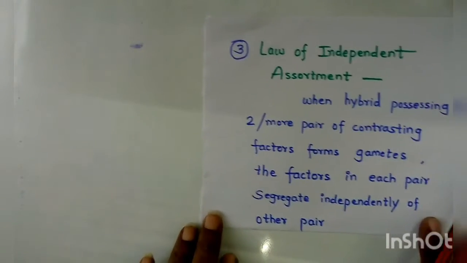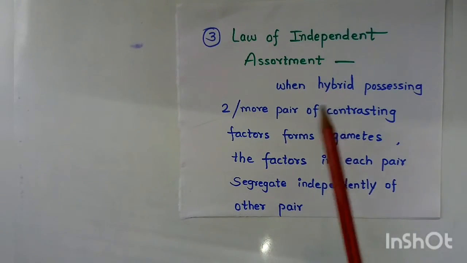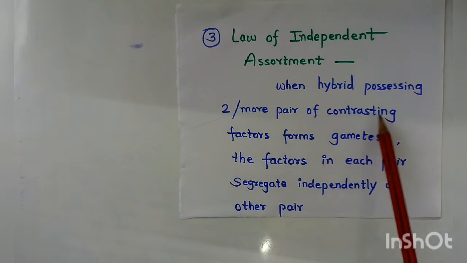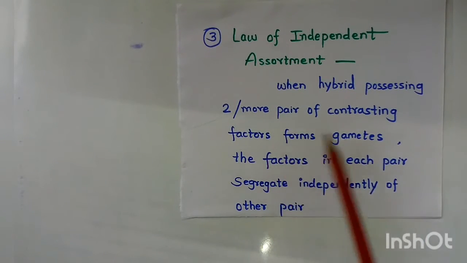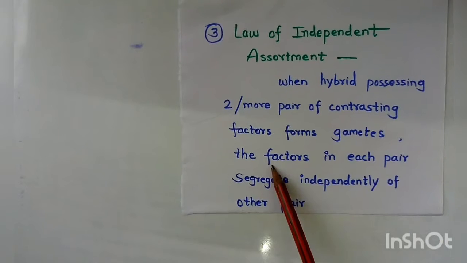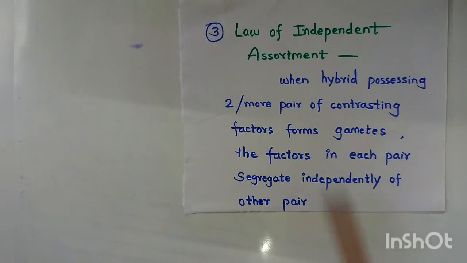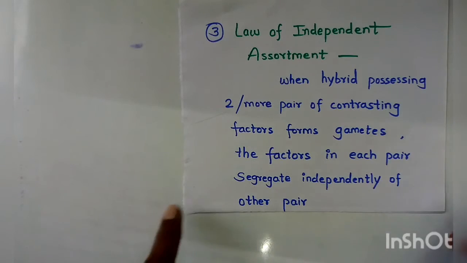So what does it state? The law of independent assortment states that when a hybrid possessing 2 or more pairs of contrasting factors forms gametes, the factors in each pair segregate independently of the other pair. That means their expression is independent of the other character. So this is all about the 3 laws.